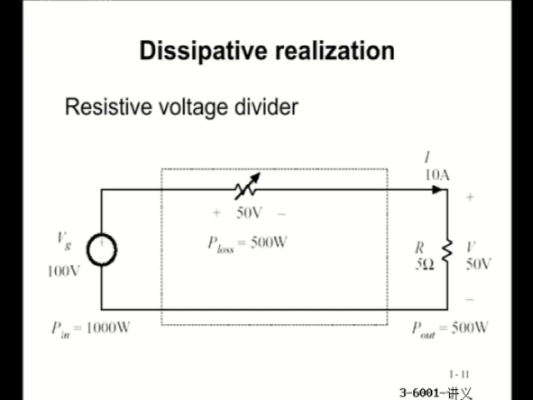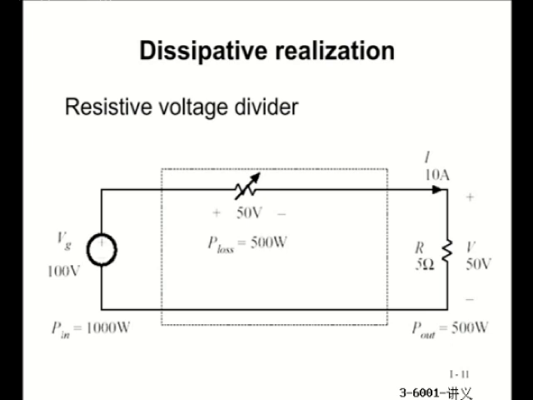A solution like this is only dealing with the ideal case, when, let's say, the load is exactly 5 ohm, or when the input voltage is exactly 100 volts. Then, if I adjust this middle resistor to be exactly 5 ohm, the output is going to be exactly 50 volts.